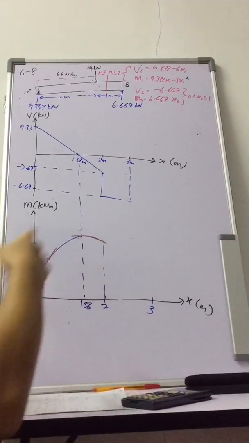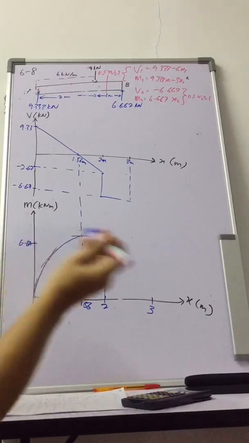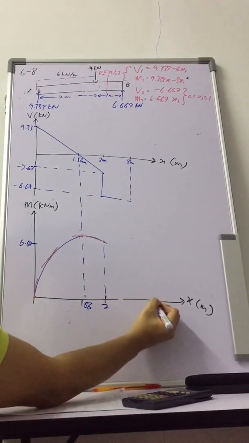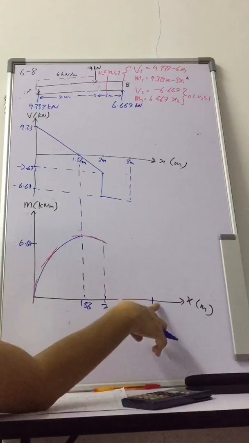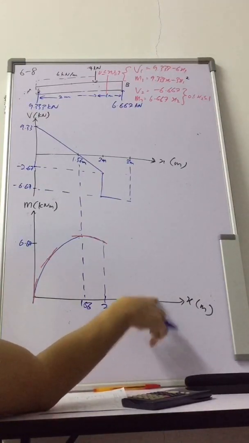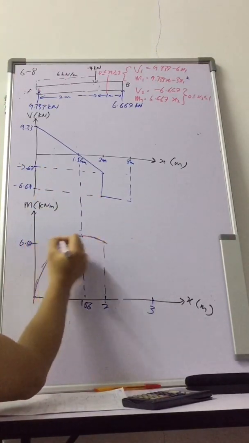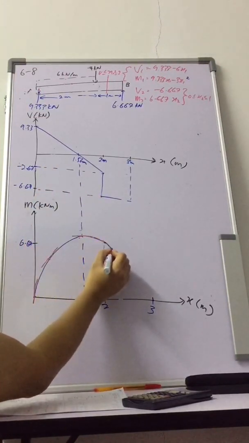So if you put x2 equals 0, it becomes 0. Where is the 0? Not here, it is here, because remember, x2 starts from the right. And if you put x2 equals 1, you end up at 6.67, the same point.